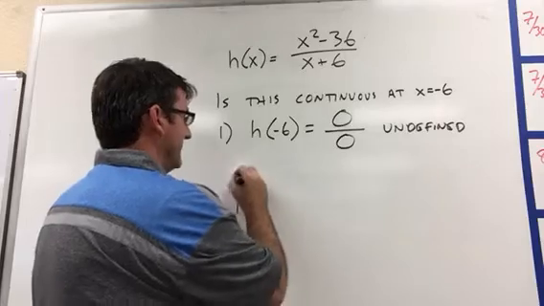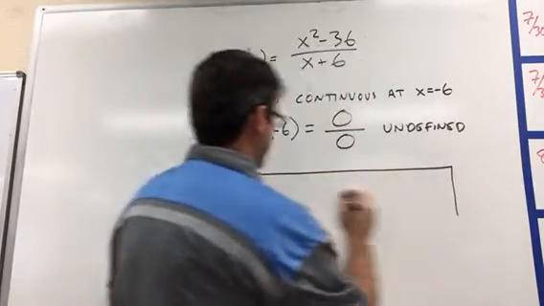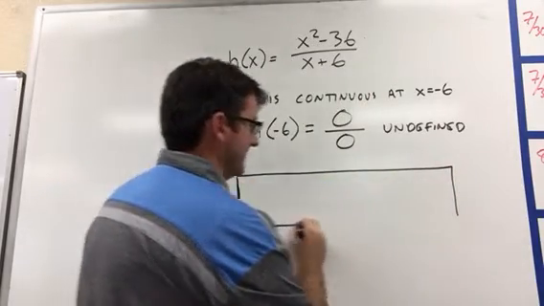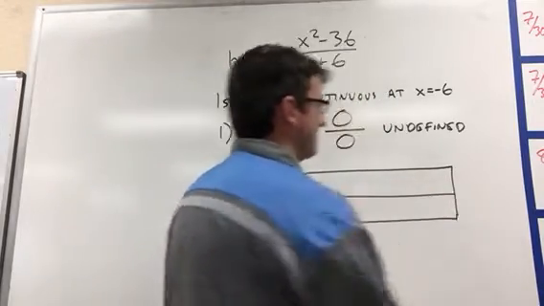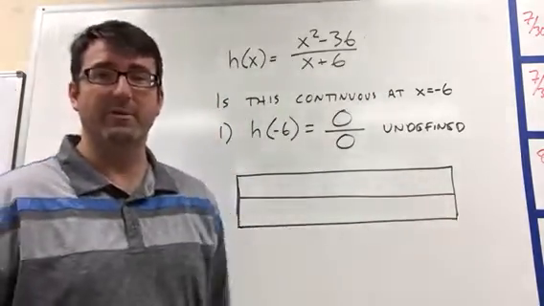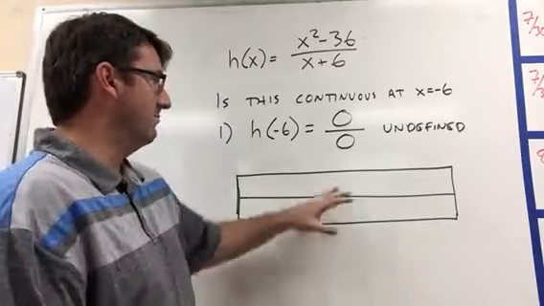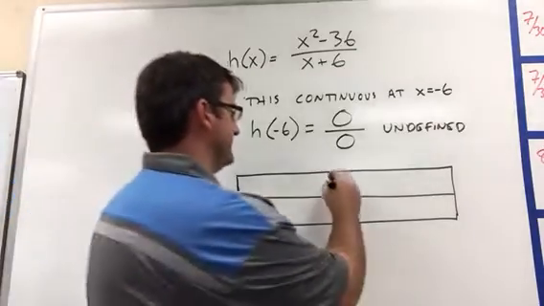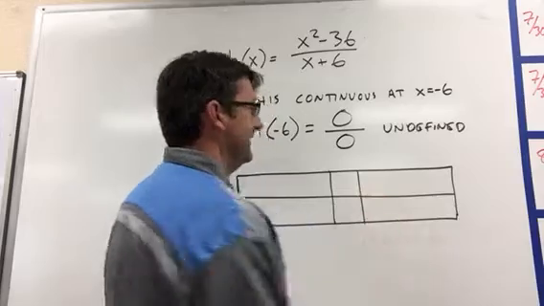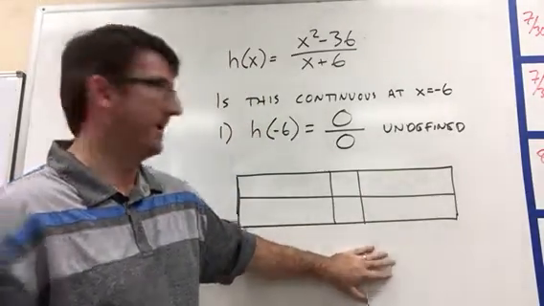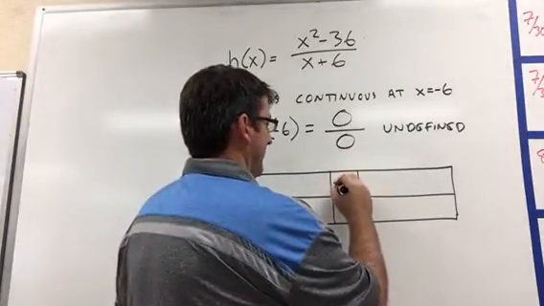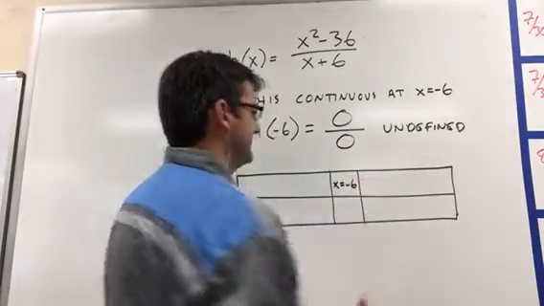So let's test. I said we didn't need to do the second parts, and we don't in order to figure out whether or not it's continuous. But we do need to do this to answer the second question, which is what type of discontinuity do we have? So let's have x equals negative 6 here in the center.